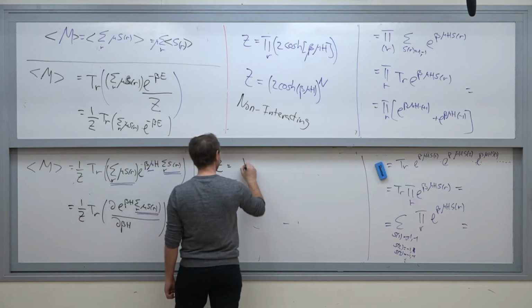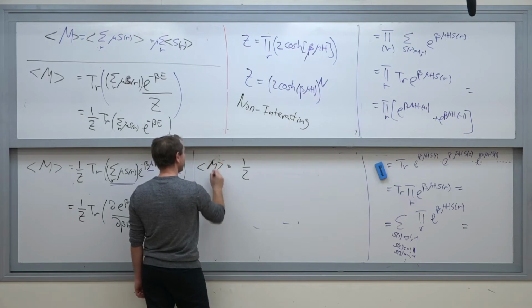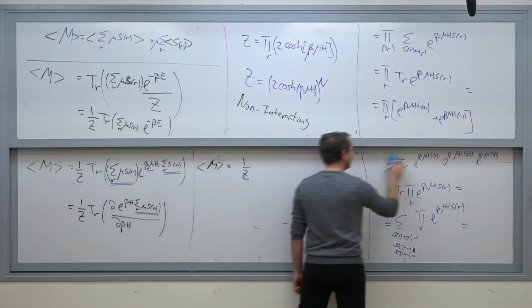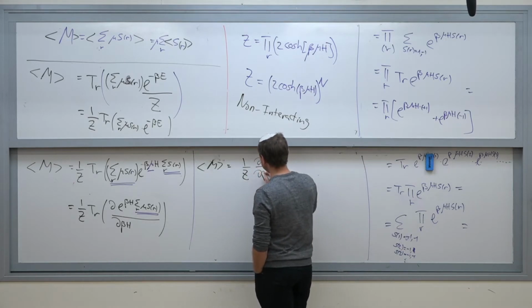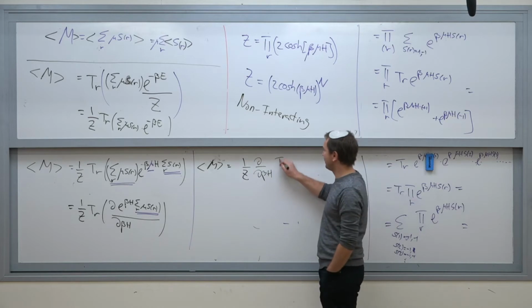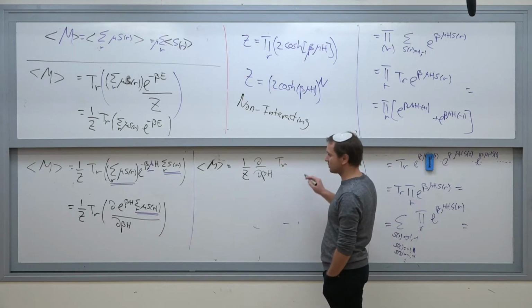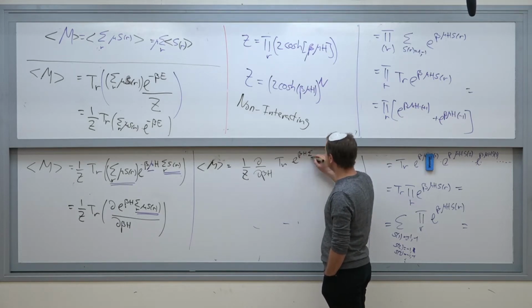So this is equal to 1 over Z, d by d beta h, and here I have a trace over e to the power of beta h sum over r of mu s_r.